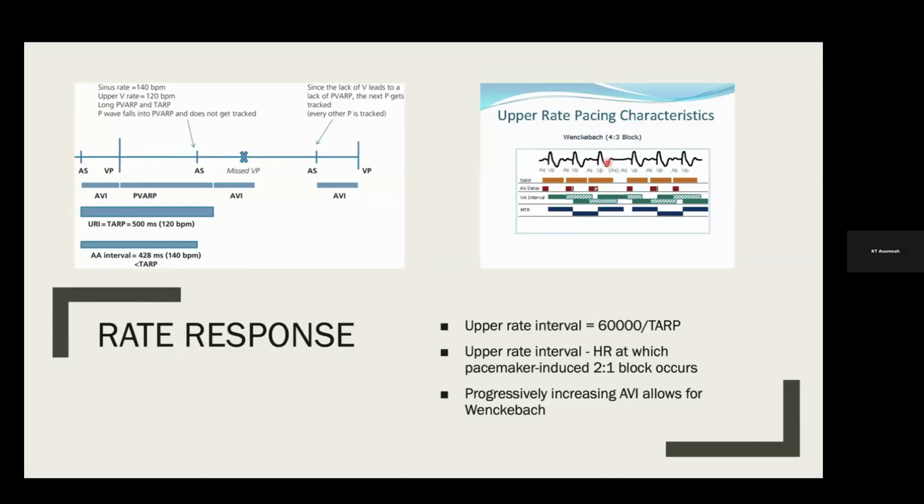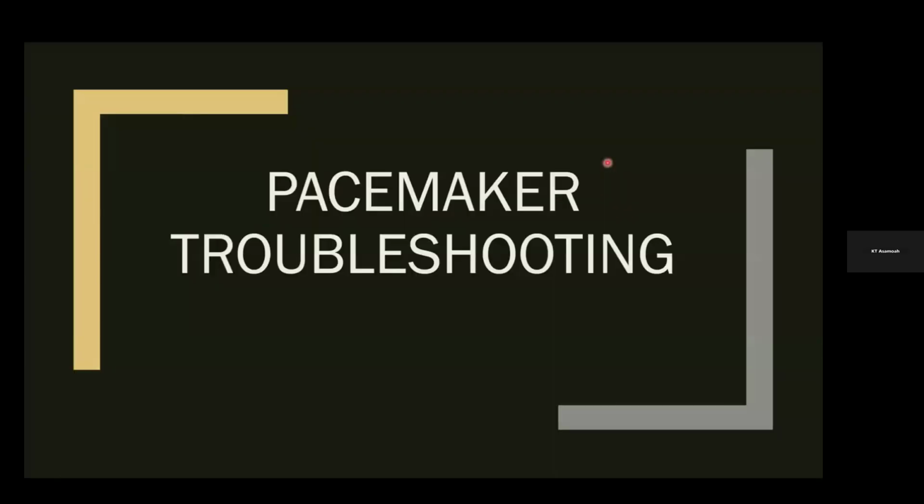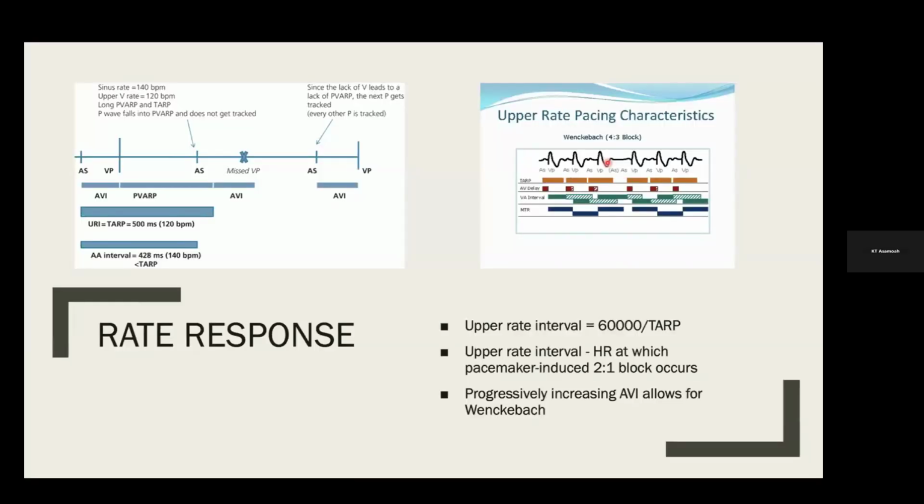So then this ends up protecting the patient. And the 2-to-1 interval, the point at which 2-to-1 block occurs in a pacemaker, is given by 60,000 divided by the TARP, that's the total atrial refractory period.